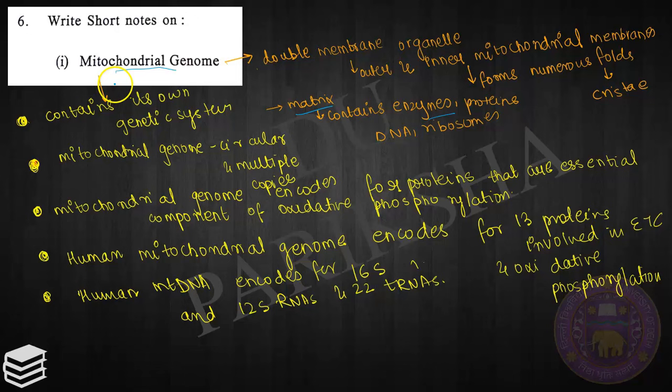But mitochondria के पास खुद का genetic system होता है, and it has its own genome, that is circular DNA, which is present in multiple copies per organelle.